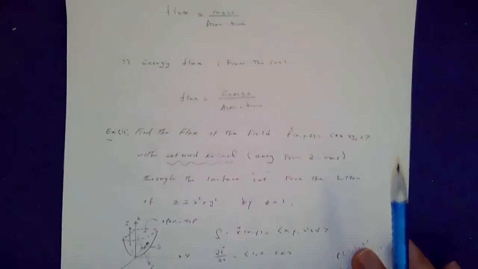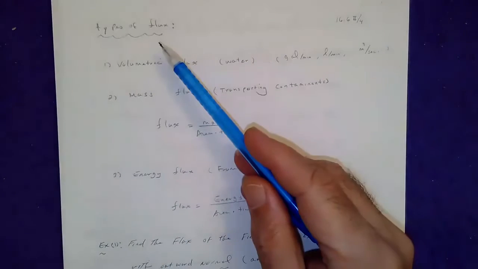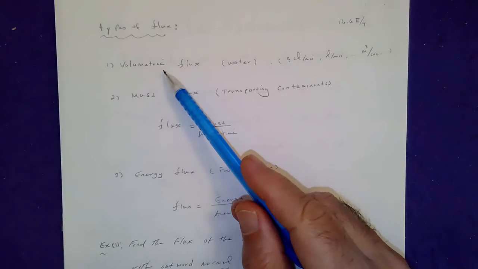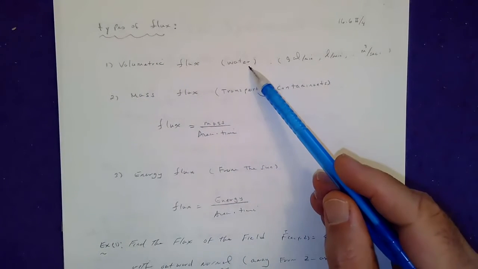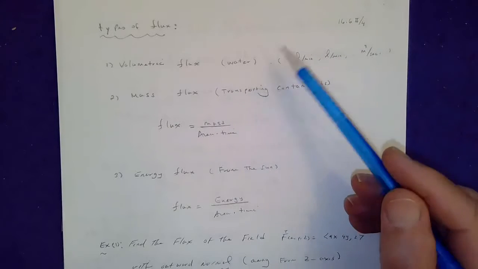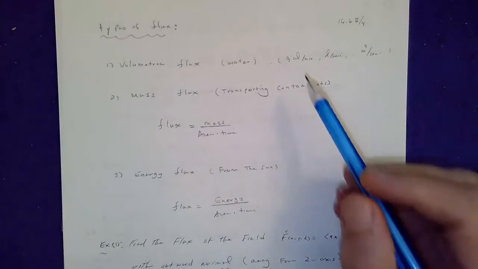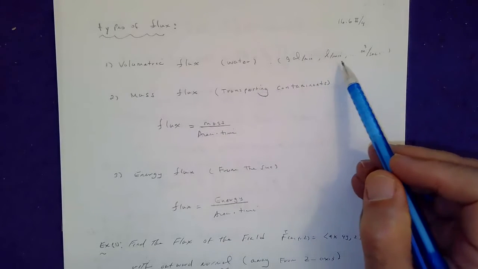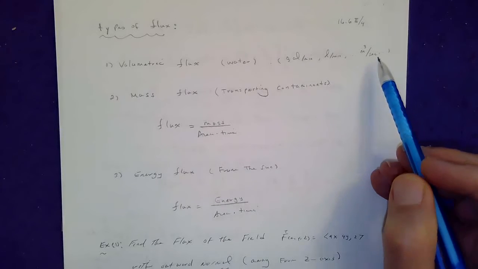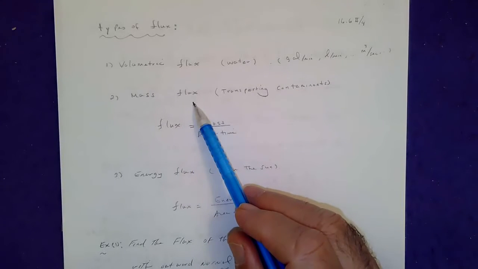And now we like to see what are the types of fluxes. Flux can be volumetric flux. That's like water crossing a surface. Could be gallon per minute, liter per minute, cubic meter per second. It could be mass flux.